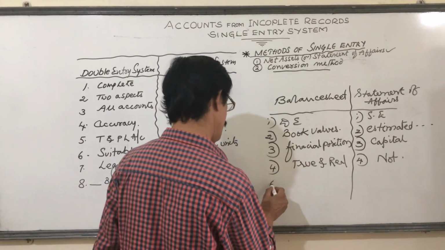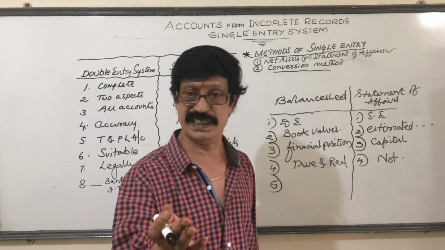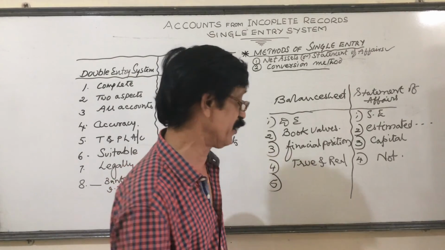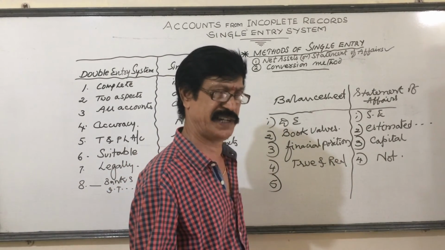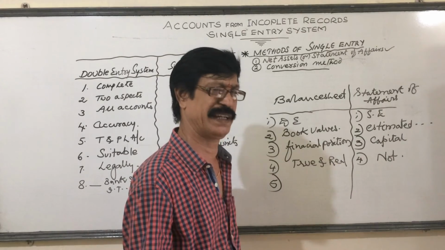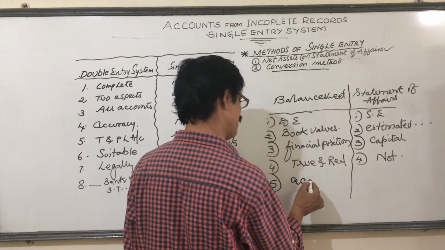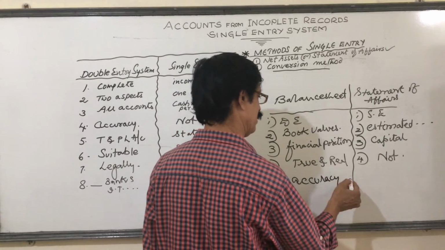Last and final, when you prepare the balance sheet, the total of assets must be equal to the total of liabilities. Then you can understand that all the journal, ledger, trial balance, trading, profit and loss account are prepared correctly and exactly. So whenever the balance sheet tallies, you can understand the accuracy of the books of accounts.